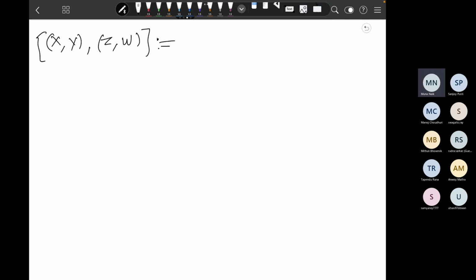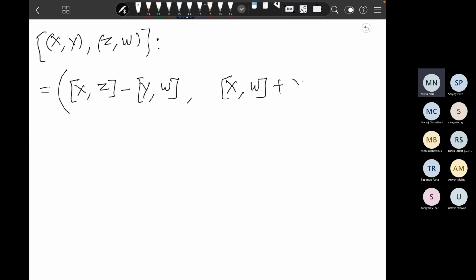So you have to take the Lie bracket of (X, Y) and (Z, W) as (XZ minus YW, XW plus YZ), where X, Y, Z, W belong to G naught.